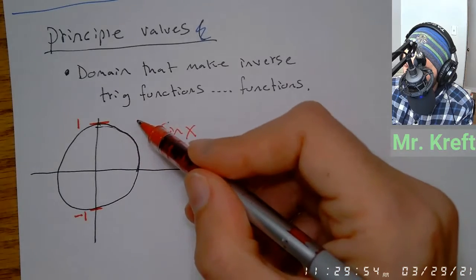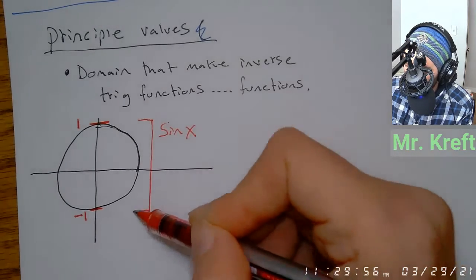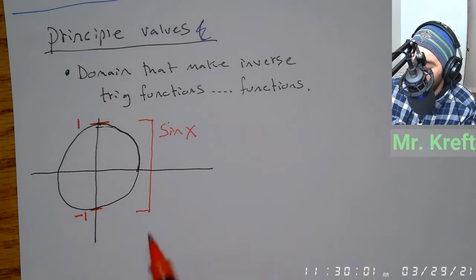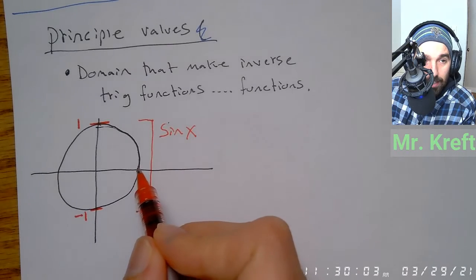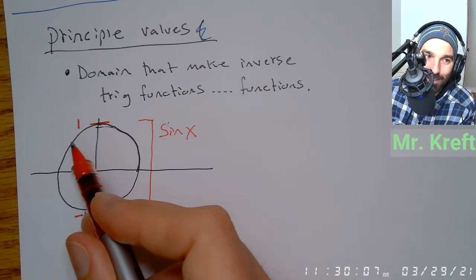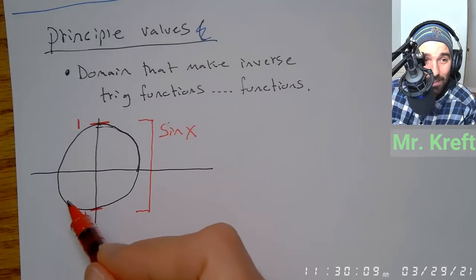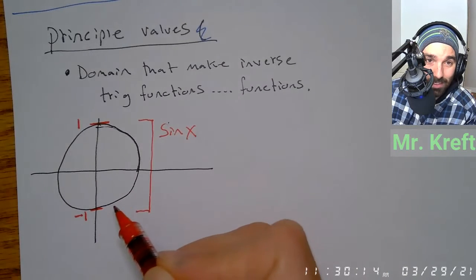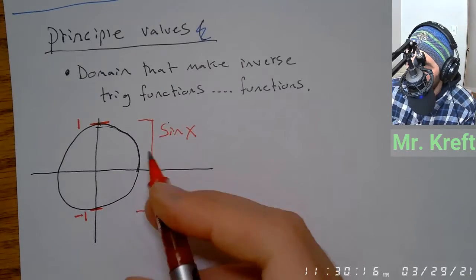Okay, so for me, all the possible outputs are between here. But I don't want repeats. So as it is now, I get my positive outputs to 1, but then I'm repeating over here, and then I get my negative ones, but then I'm repeating over here. So I don't want any repeats, or else it won't be a function.